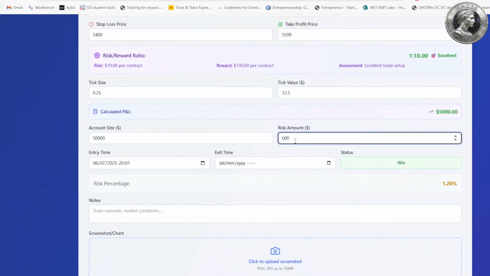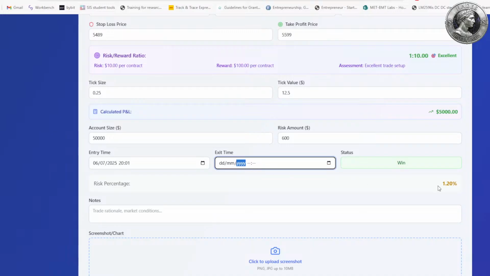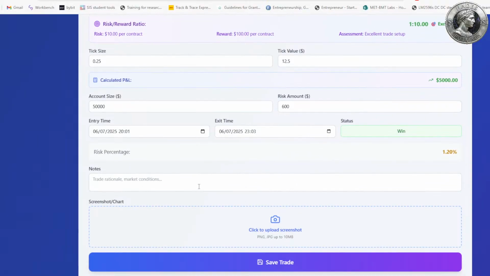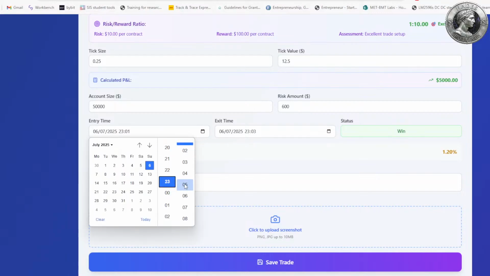So it says that your risk is a bit high. We close the day, let's put something, 2301. We close the trade. You can change this date also. Let's put 2300.